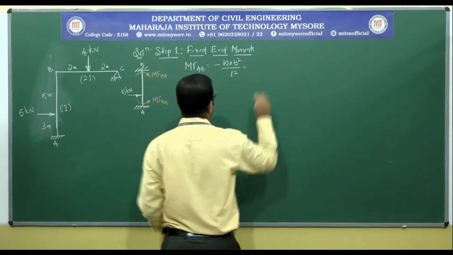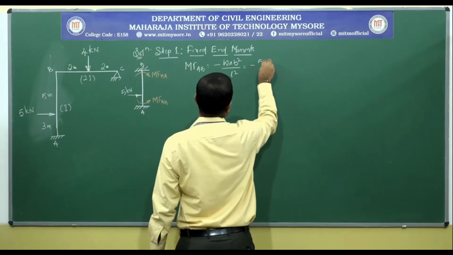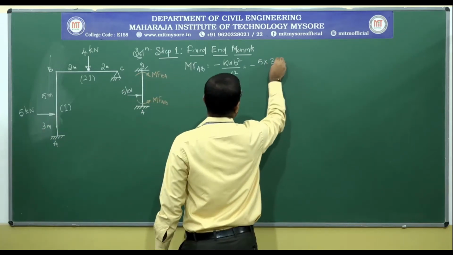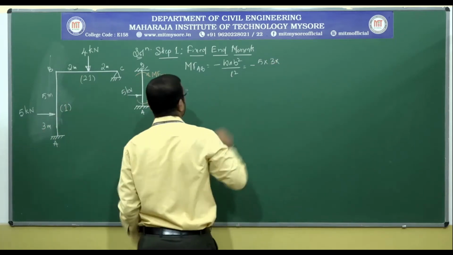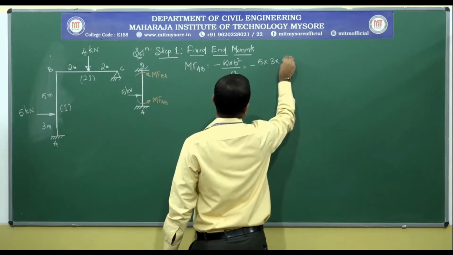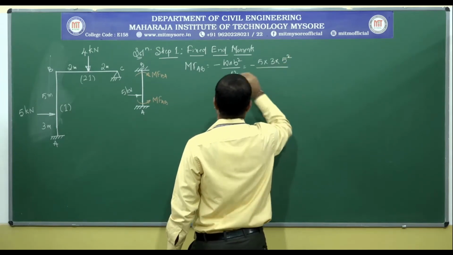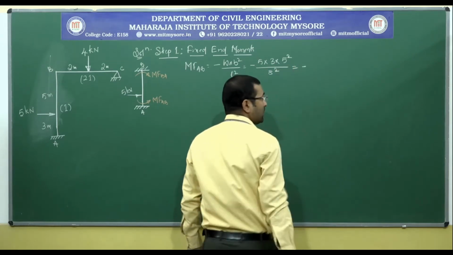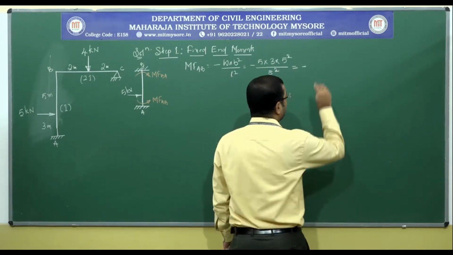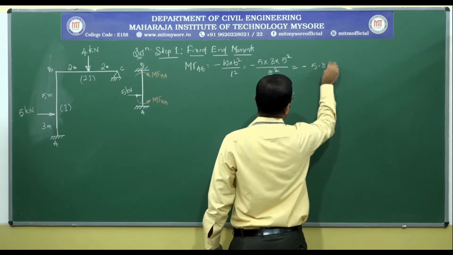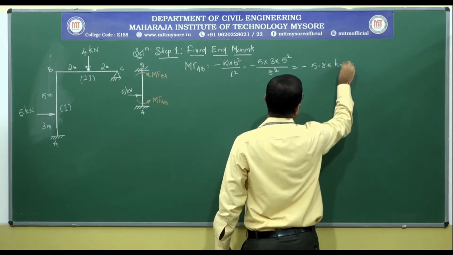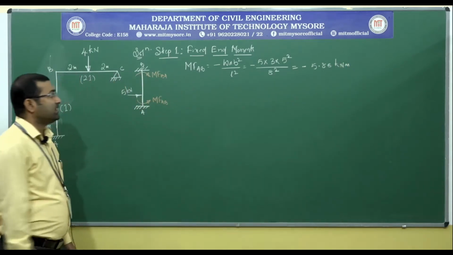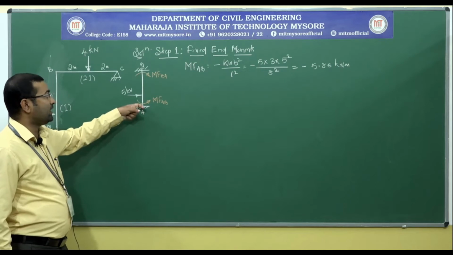Here W is 5 kilonewton, so minus of 5 into a value is 3 meter, a is 3, into the b value is 5 meter, so it is 5 square, divided by L, total L is 8, square, which yields to minus 5.86 kilonewton meter. Right, so this is the fixed end moment at end A.